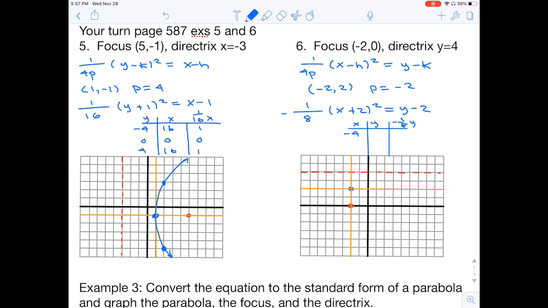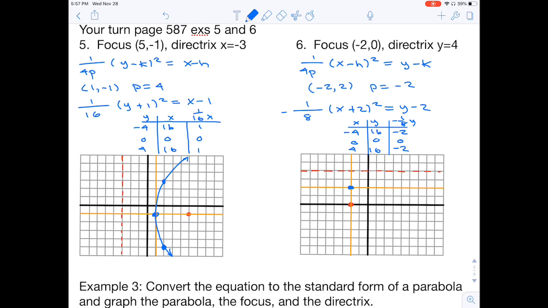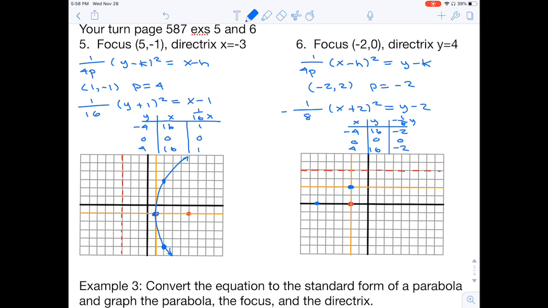So -4, 0, 4, 16, 0, 16, -2, 0, -2. So plotting my points, I have 0, 0, -4, 2, 1, 2, 3, 4, -2, and 4, 2, 1, 2, 3, 4, 1, 2.